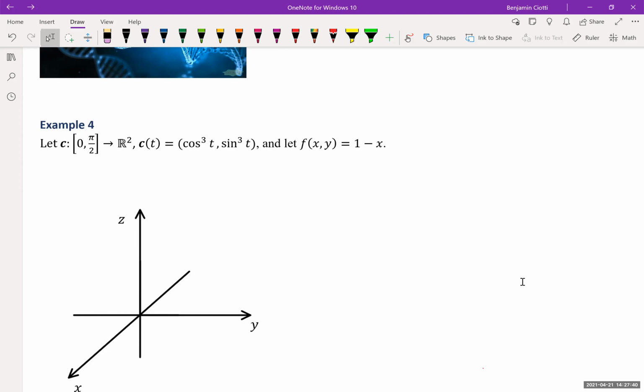So I will do that in the context of the following example. Example 4. How about now, let's let C be this path here. The coordinates being cos cubed t and sine cubed t. And let's let f be the function 1 minus x.